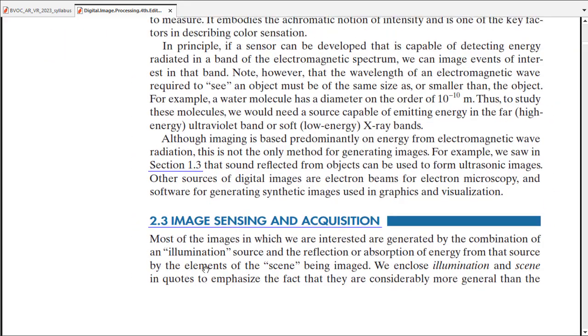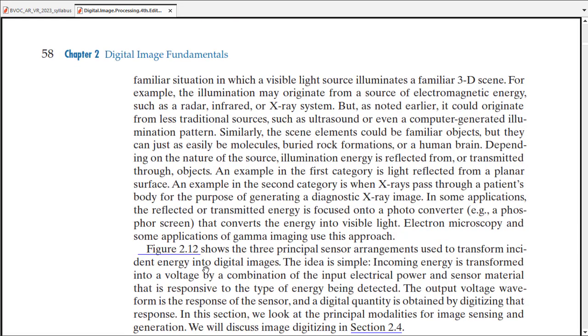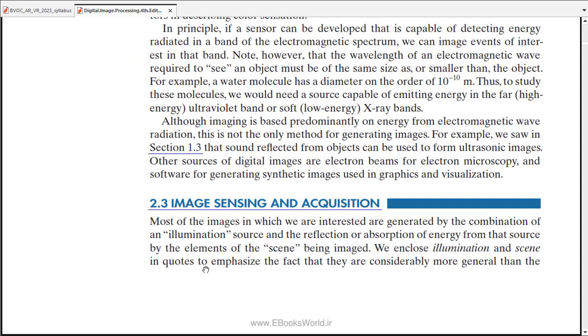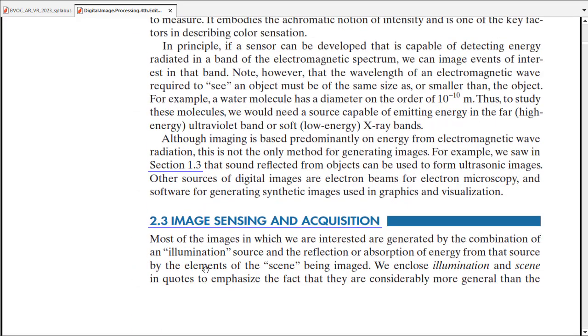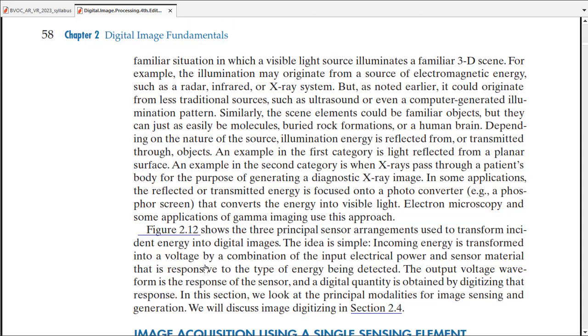After the fundamentals, the first topic is image sensing and acquisition. What is the major role of image sensing? We enclose illumination and scene, which is considerably more general. In electromagnetic energy such as radar, infrared or X-ray systems, we see the illumination pattern, the computer generated illumination pattern.